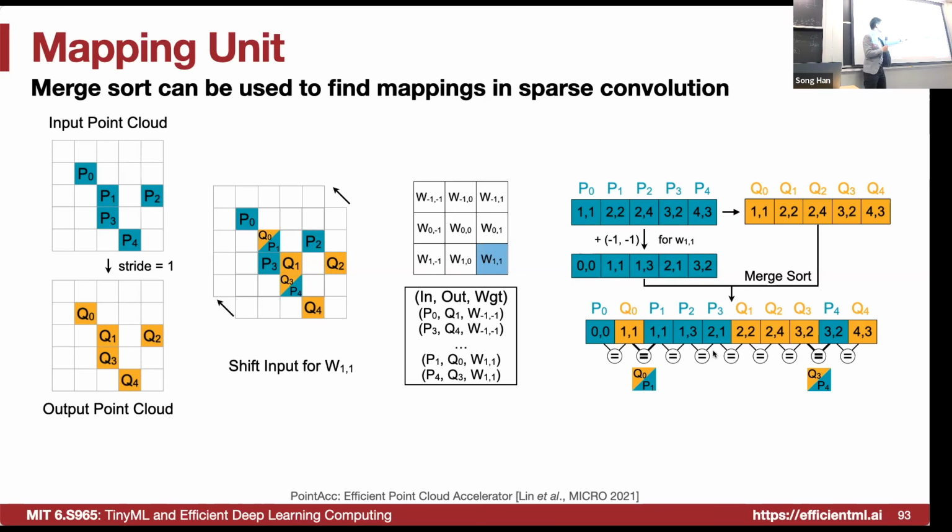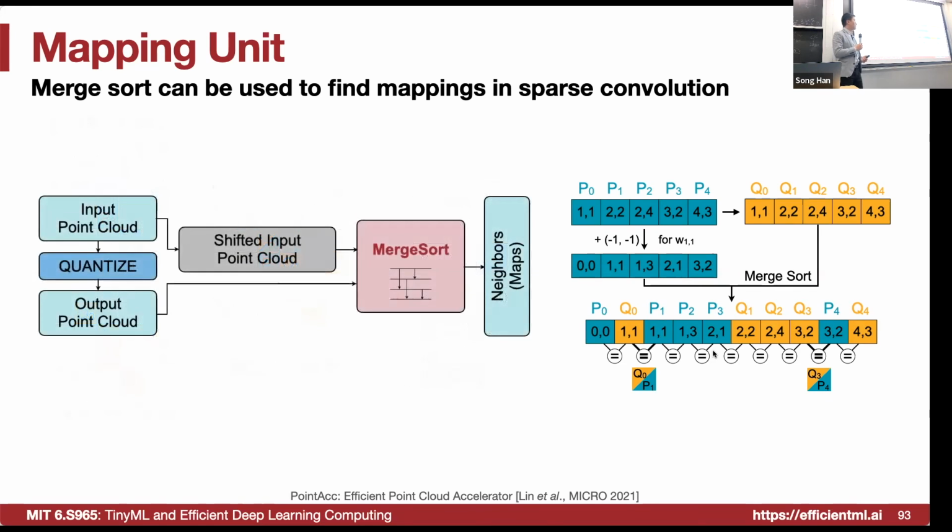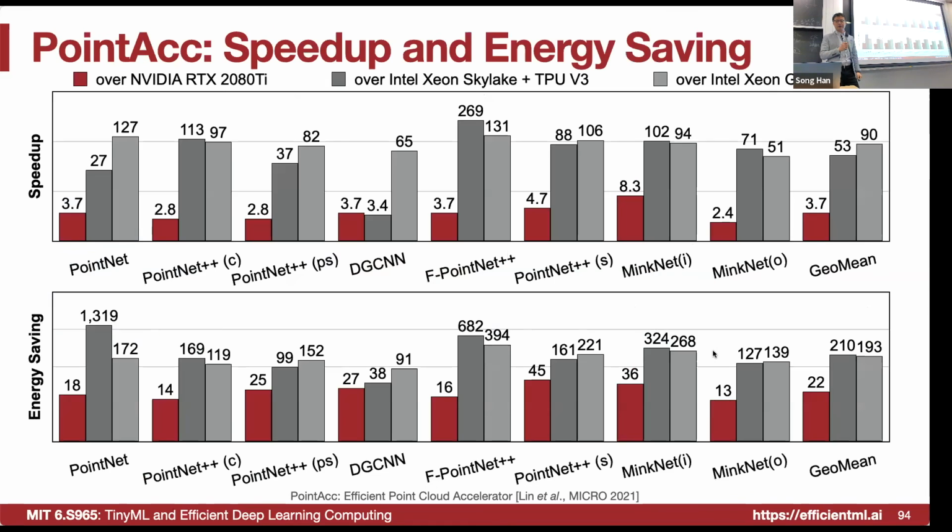Finally we find P0 and Q1, P4 and Q3 corresponding to this W1. So using the same sorting array, we can deal with diverse algorithms and achieve pretty exciting speedup compared with the 2080 Ti, the Xeon CPU and the TPU altogether.